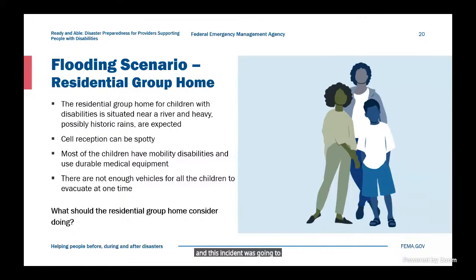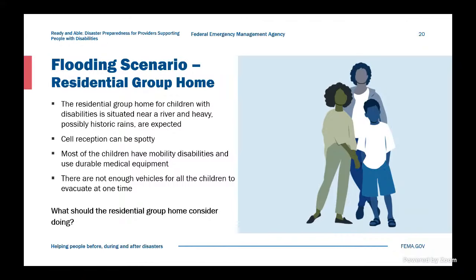Okay, moving to higher ground. So that sounds like evacuate, plan ahead and evacuate. Start evacuating now. Okay, need to have a radio to make sure they can receive alerts. Yeah, I think that one's a good one. Any other ideas? Early evacuation app on all their phones, go bags.